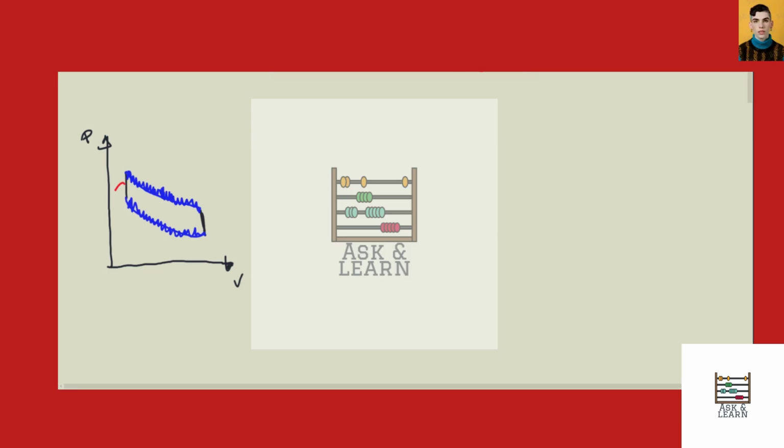Therefore, the heat only enters here and leaves here. And this is 1, 2, 3, and 4. Okay, we want to know what will happen with the temperature and pressure when we double the compression ratio.